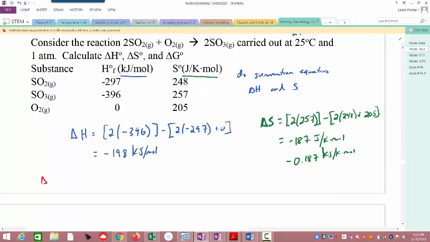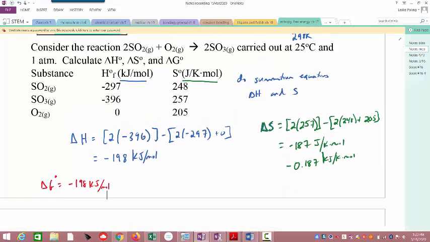So we have delta G, and I'm leaving off the, no, I'm not going to leave off the standard states, okay, is delta H, so negative 198 kilojoules per mole minus 298K times negative 0.187 kilojoules per Kelvin mole. So we have Kelvin that cancels. Everything's in kilojoules per mole, so we can add them.